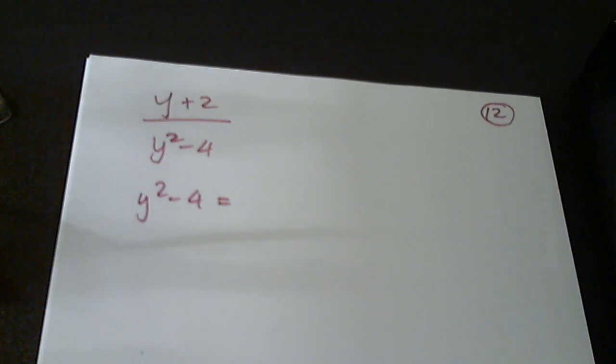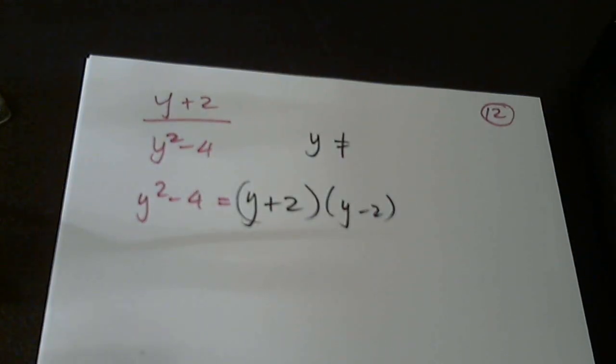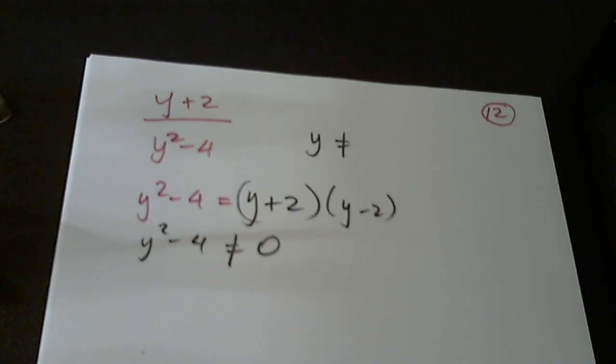Can anyone give us the factored form of y squared minus 4? y plus 2 and y minus 2. Excellent. So then we have two different y values that are not acceptable here, because obviously y squared minus 4 cannot be allowed to be 0. So what are the options? That's why we factored it, to make it easier on us to find the solutions, or the non-solutions, if you want, in a way. What are the values that we have to exclude?